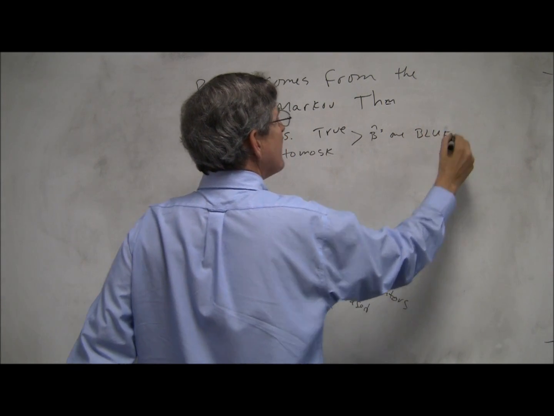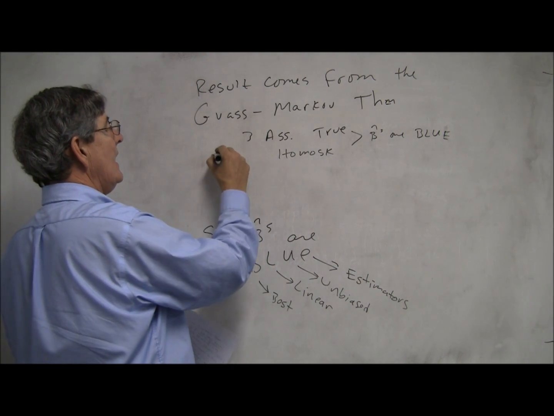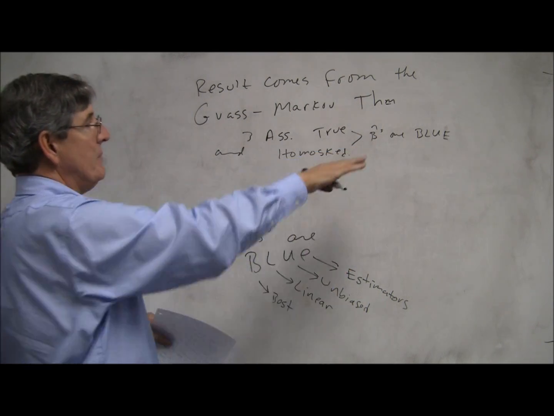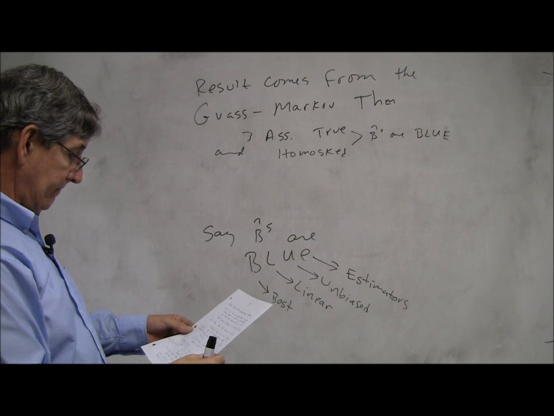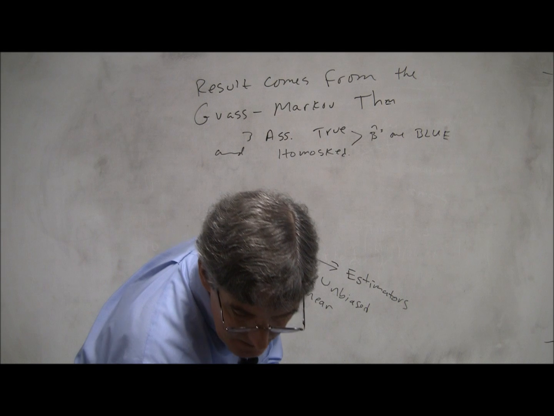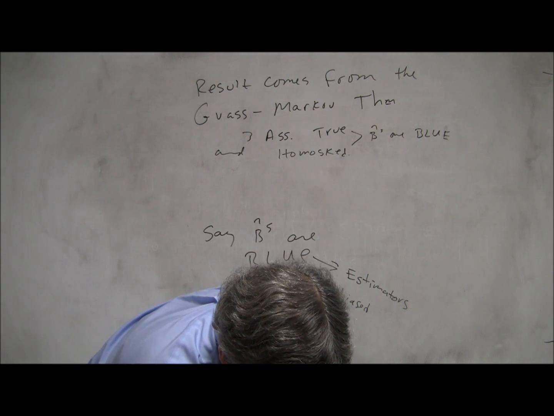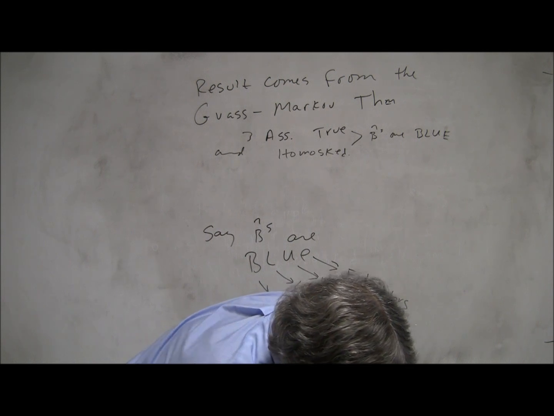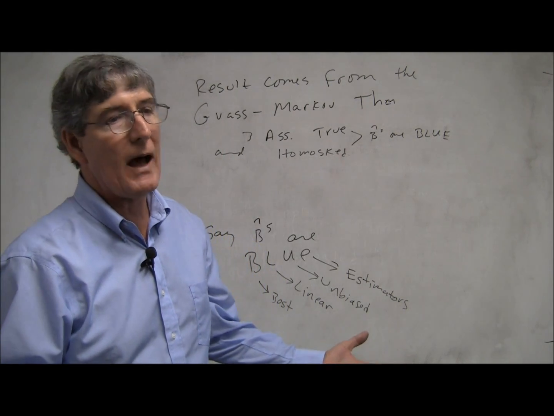I often put it in capitals, best linear unbiased estimator. So if the three assumptions are true and you have homoscedasticity, then the beta hats are the best linear unbiased estimators. If any of the assumptions are violated, and as we've been saying, they often are, then that's no longer true. And that's what 421 is going to be all about.